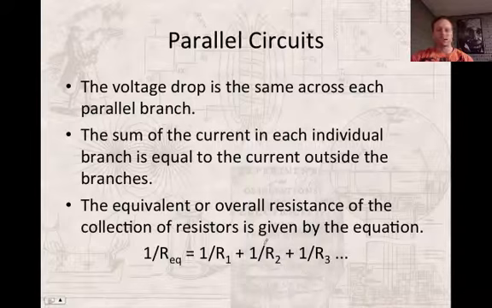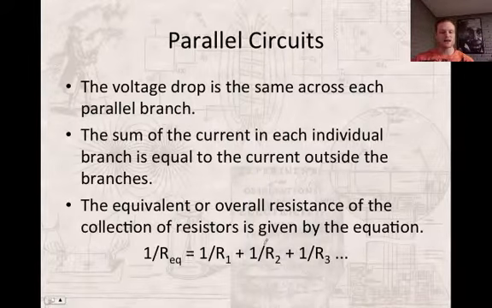For parallel circuits, the voltage drop is the same across each parallel branch. So if you have a 12-volt drop right before you enter into that branching point, each of the branches is going to experience that 12 volt drop. The current is not the same in each branch, but the sum of the current in each individual branch is equal to the current outside of the branches.